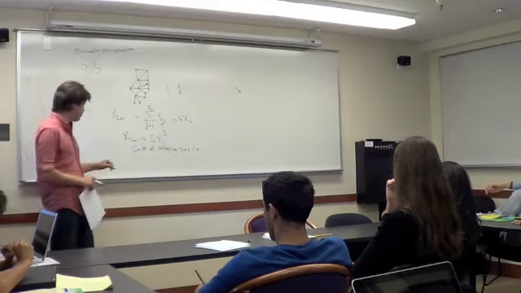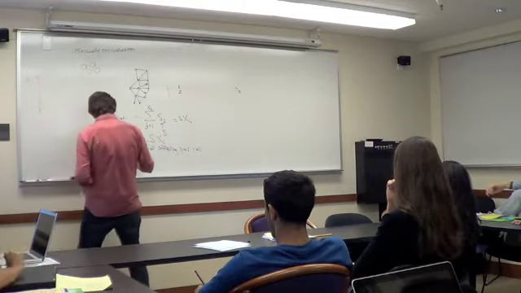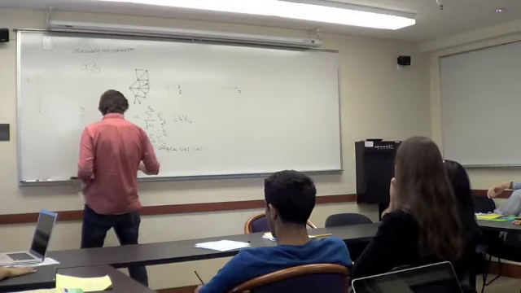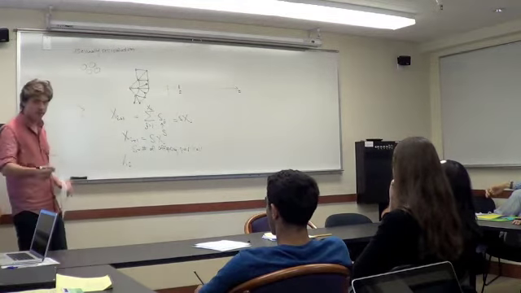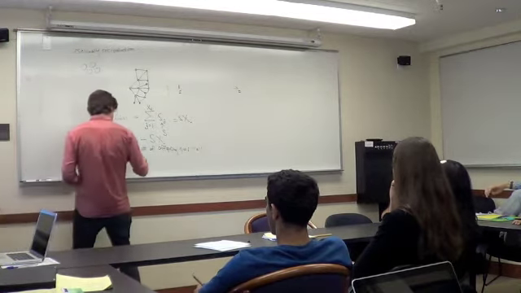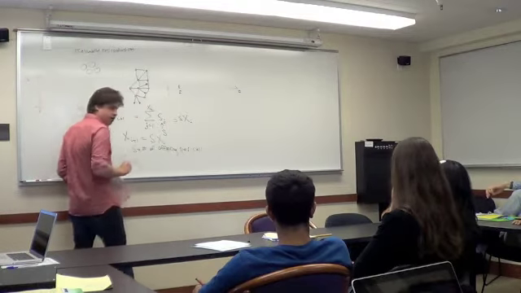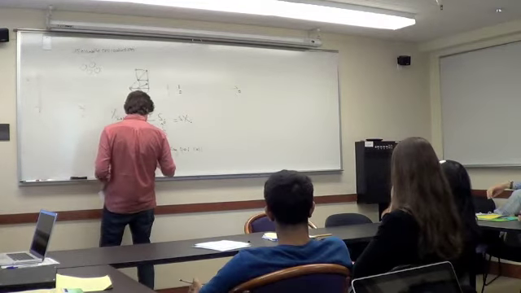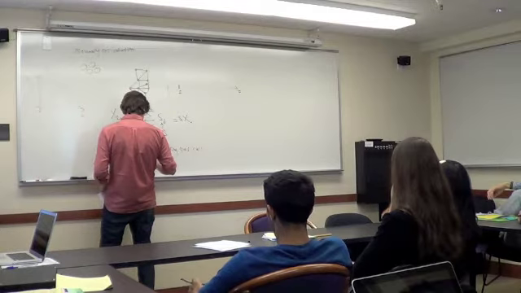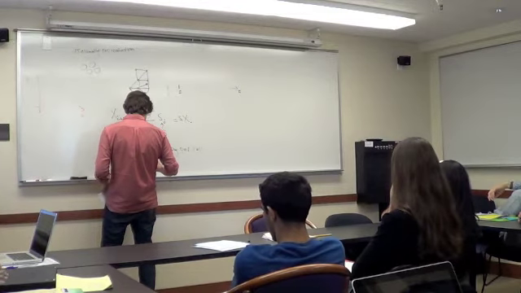Okay, so can anybody tell me what the solution of this is? So what if I want to figure out what x_i is, not in terms of the previous time step, but just in general? It's like S to the i. Yeah, it's S to the i times x0.